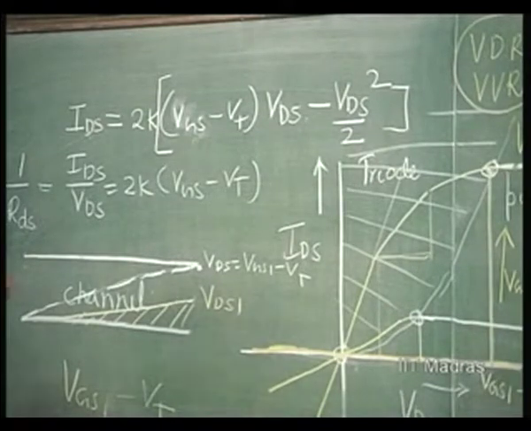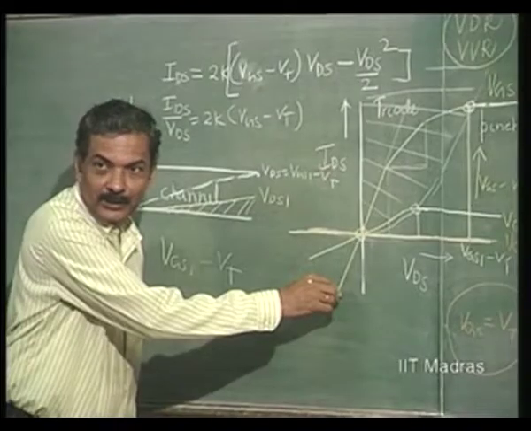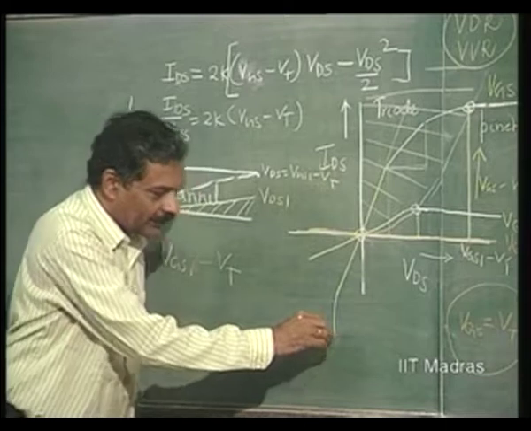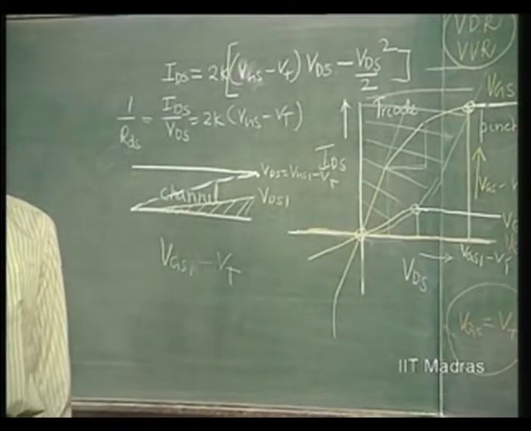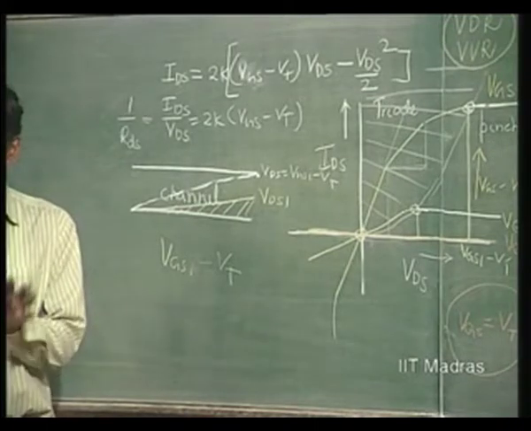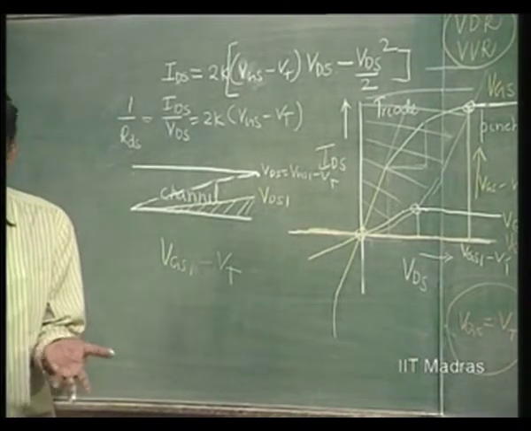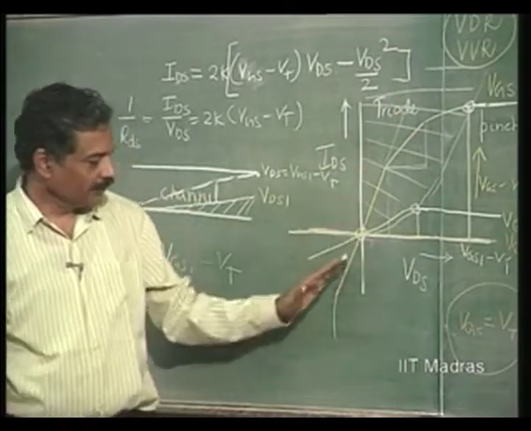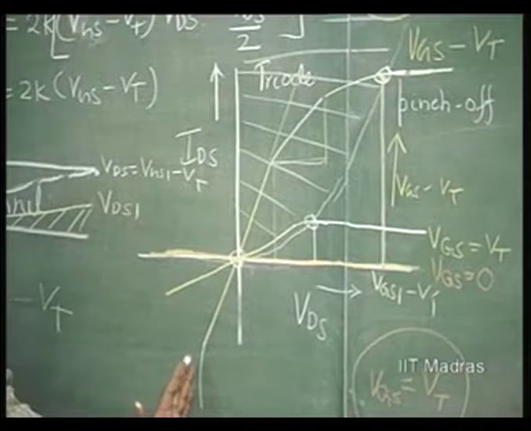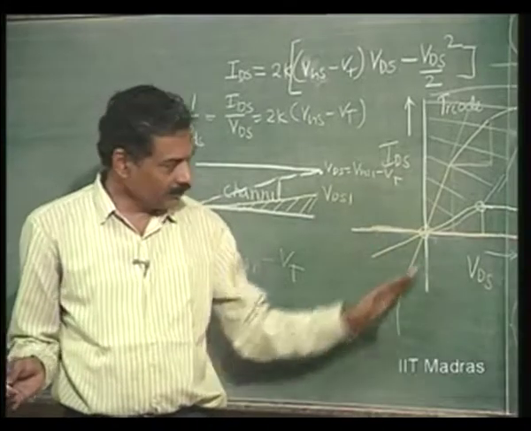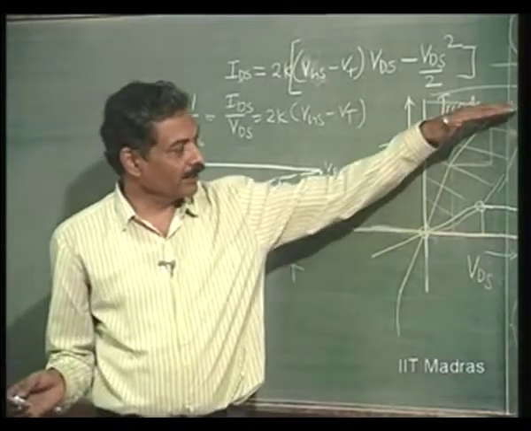Since it is square, it is going to add on to the current here, because VDS changes polarity, but VDS squared does not change polarity. So, here it is getting reduced, here it is getting added, because VDS squared polarity remains the same, while VDS polarity has changed here. This is the nonlinearity that comes into the picture.